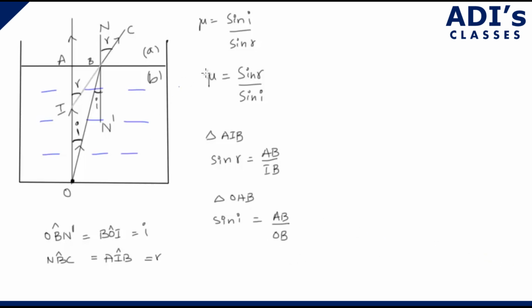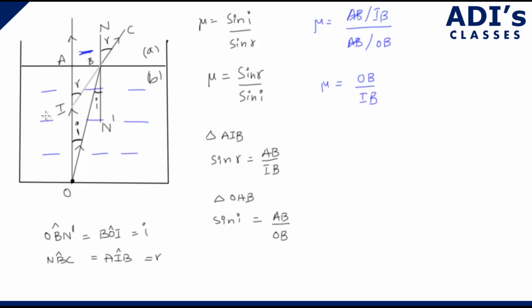Now this is an important part, we calculate the refractive index. So we have mu equal to sine R, which is AB divided by IB, over AB divided by OB. Now AB cancels, so we have mu equal to OB divided by IB.